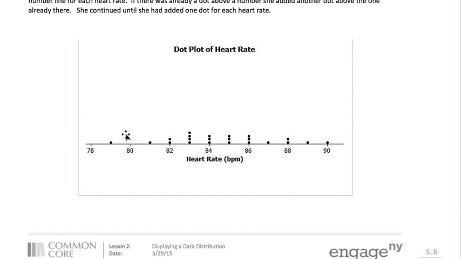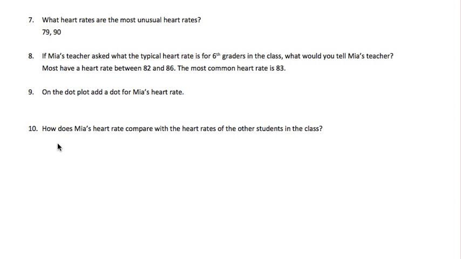So when we look at the dot plot, we would add the dot right here. And Mia's heart rate at 80 is lower than most of her classmates.